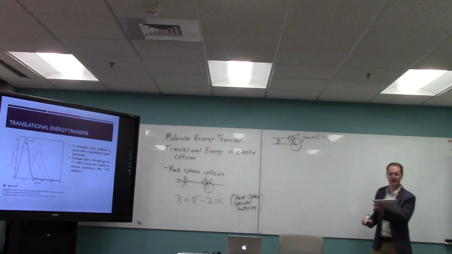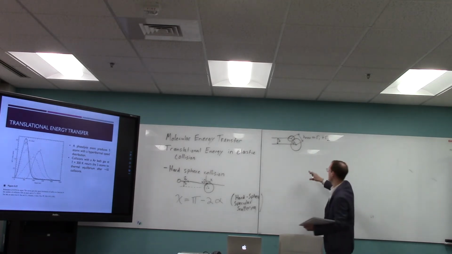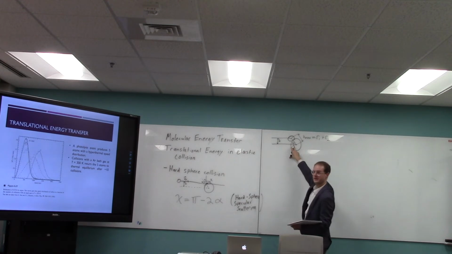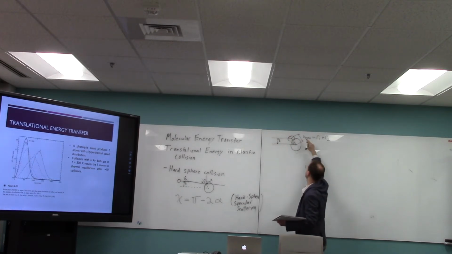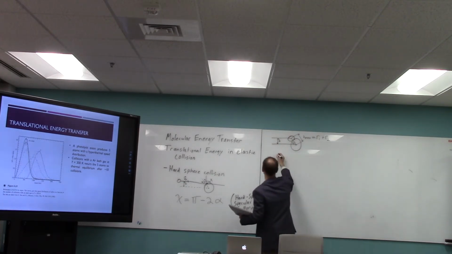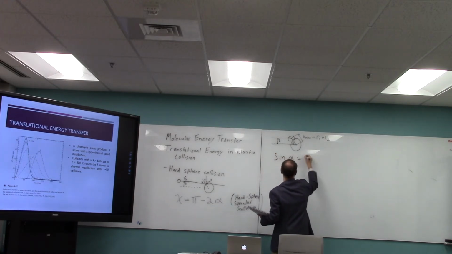Okay? And so then, using trigonometry, you can say what alpha is. The sine of alpha is going to equal the height of the leg over here, which is just b, divided by the hypotenuse b max. So sine alpha is just b over b max.